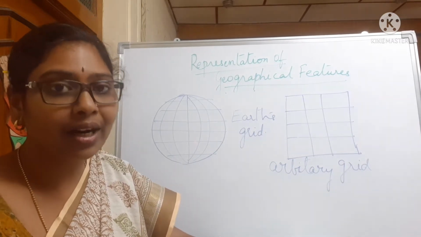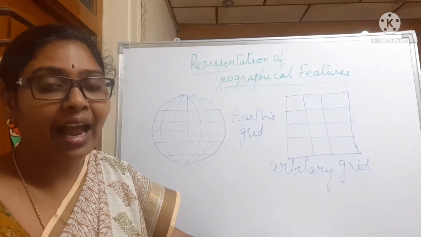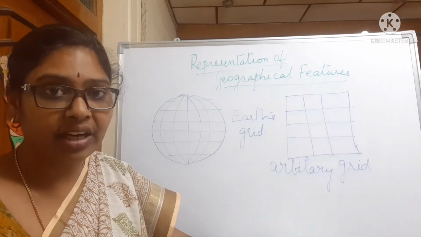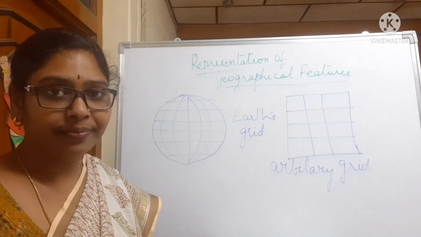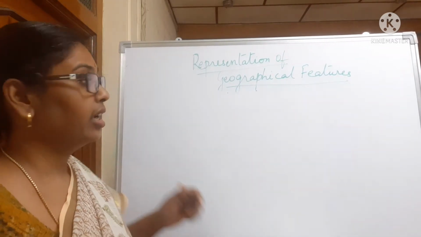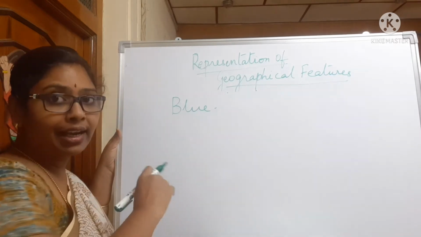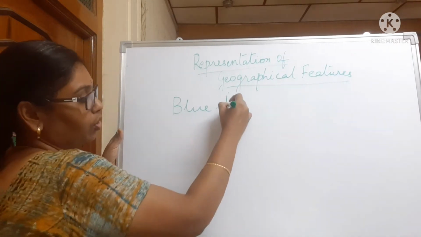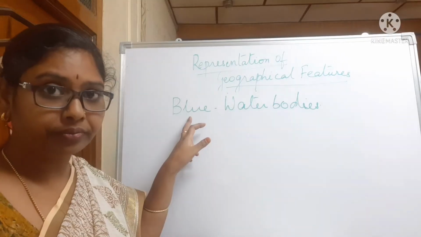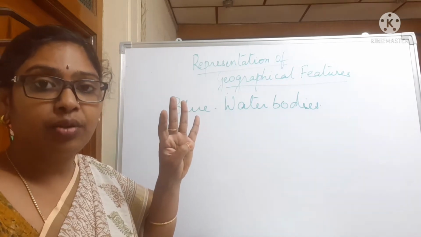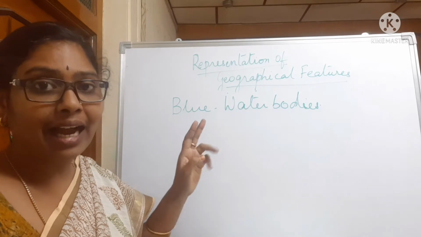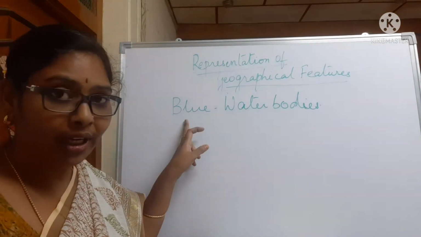Let's see what the colors are and what they represent. The first color we are going to see is blue color. Blue color is used to represent water bodies, lakes, ponds, seas, oceans. All these are represented with blue color.